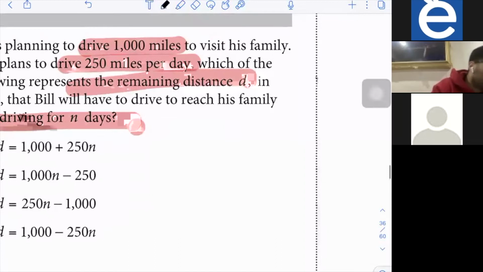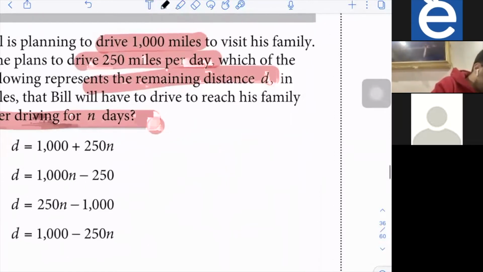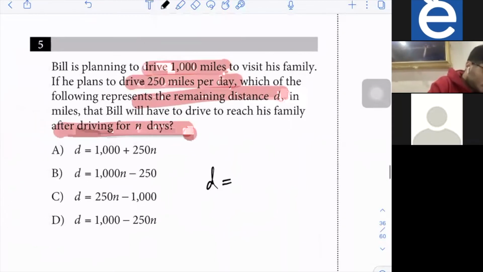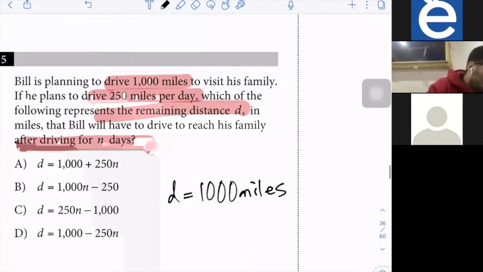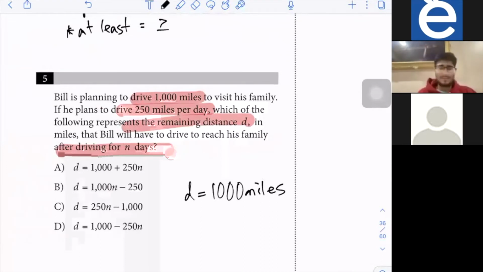So we start off with 1,000 miles, which is the total amount that he has to drive. So we can do D, which is, as said in the question, the remaining distance. And then we have 1,000 miles. And then he plans to drive 250 miles per day, which means that from the 1,000 miles, you have to decrease by 250 miles per day.